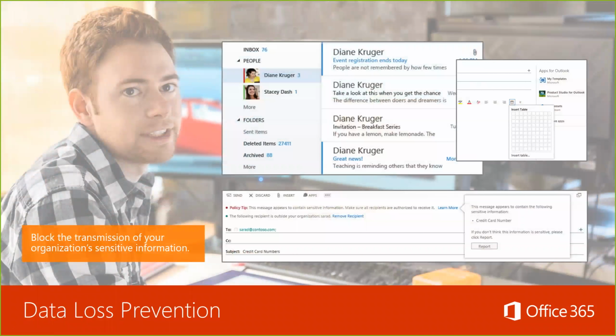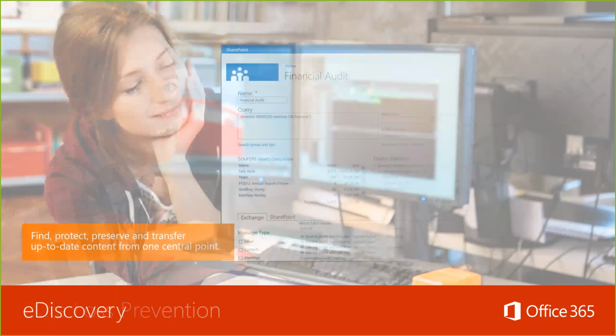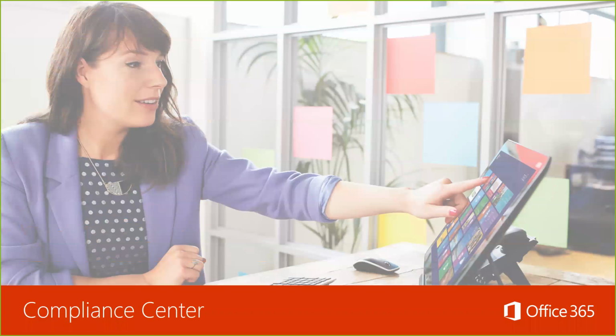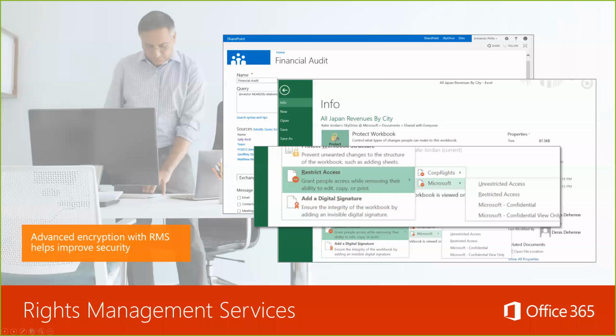We already talked about DLP policy areas, and one thing I may have missed is also rights management services, which is built into both SharePoint and Office 365, where you can use the DLP capabilities in Office.